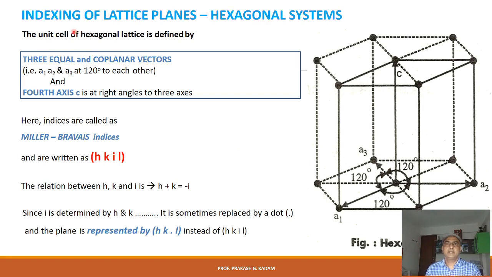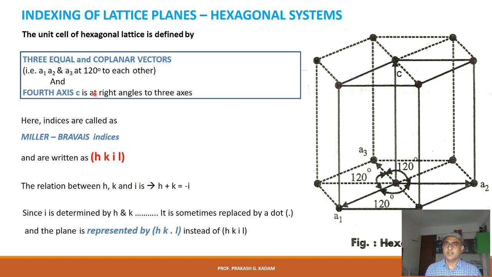Okay. The indexing of lattice planes for the hexagonal system is represented like this: the hexagonal crystal structure, one of the 7 crystal structures. We studied the hexagon. When we place this hexagon 3 times, that will make a full hexagon.